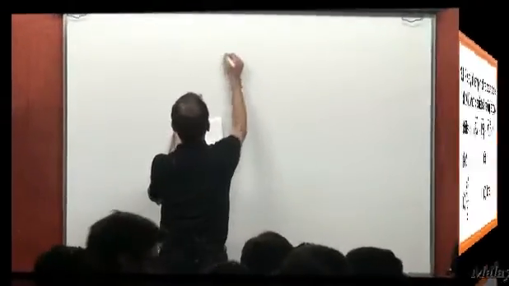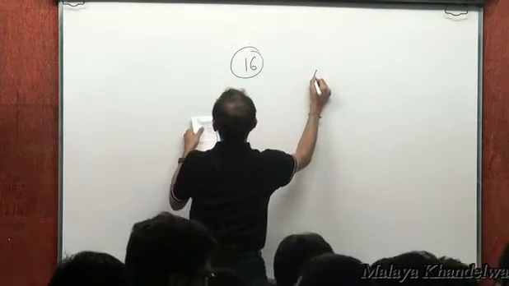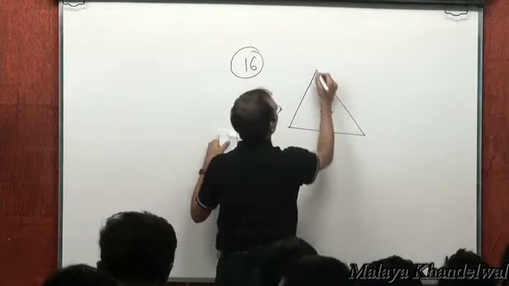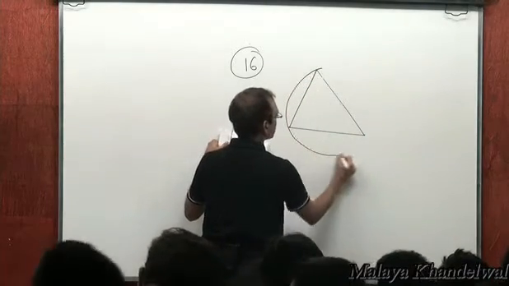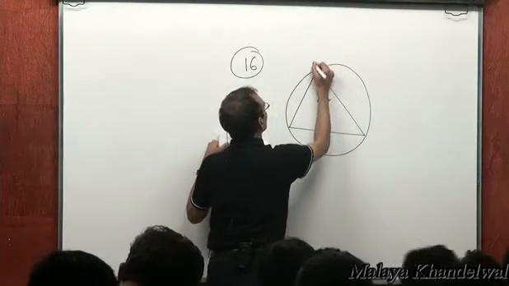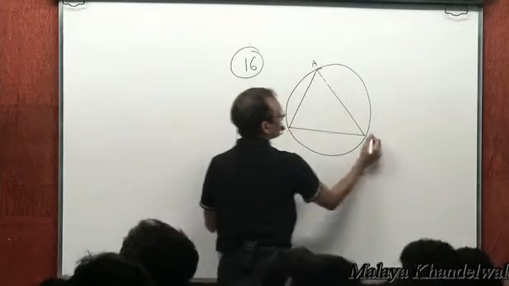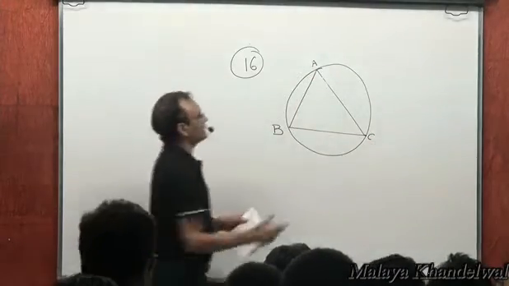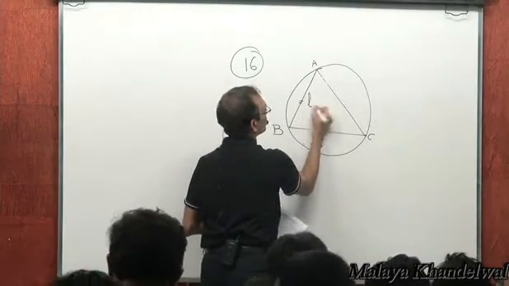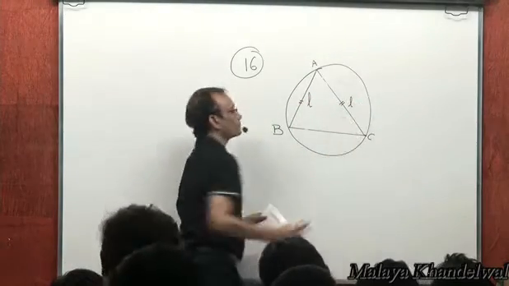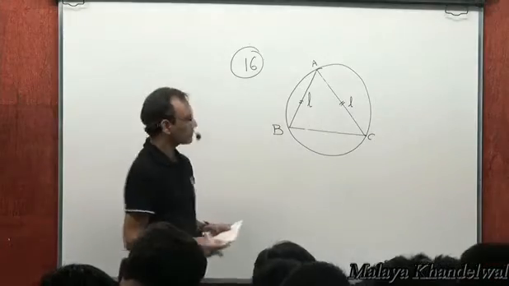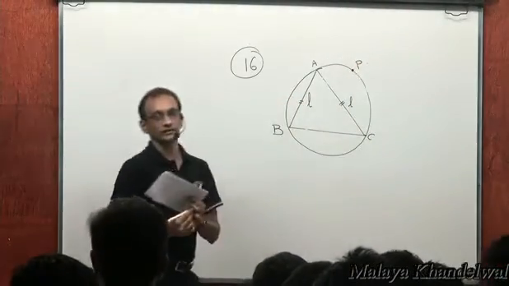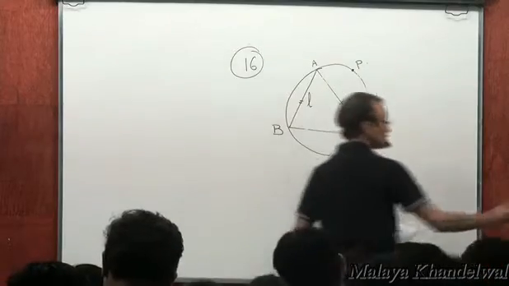Problem 16. There is an equilateral triangle ABC and there is a circumcircle of this triangle, and the length of each side is L. P is any point on the circumcircle of this triangle.